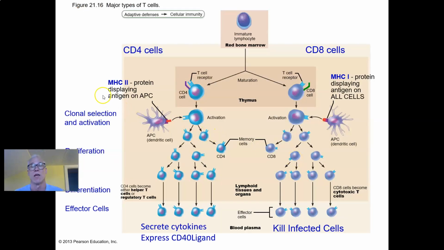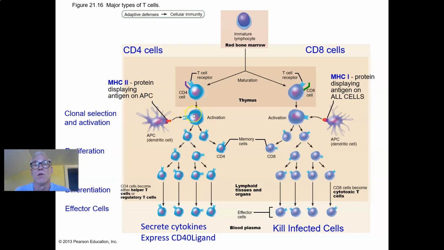Here's another way of looking at this process, we can see in the subsequent steps. A CD4 cell will be looking for any cell that expresses MHC class 2, so it only interacts with professional antigen presenting cells. And so here's the T cell receptor, the unique receptor for the antigen. Here's the CD4 receptor that recognizes the MHC2, and when the connection is made here, here's an antigen presenting cell with its antigen on MHC2.